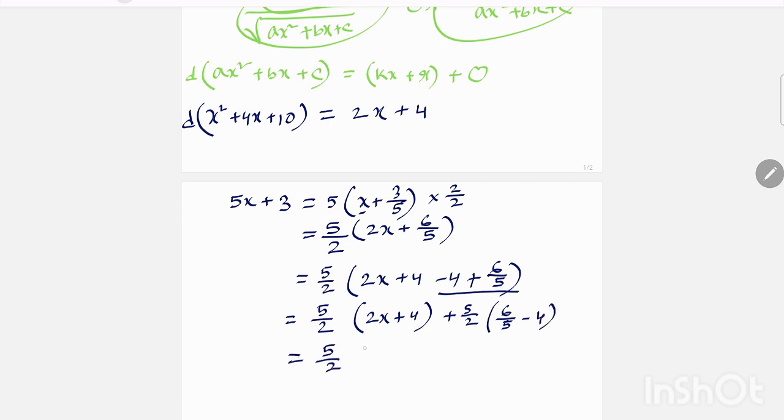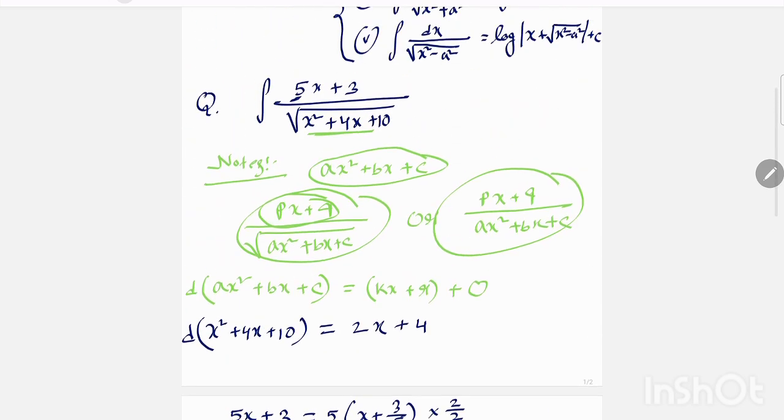So 5 by 2 into 2x plus 4 plus, simplify it. In the denominator it is 5, so it will be 5 4s are 20. So 6 minus 20 means minus 14, right? 5 cancels out, it will be 7. So that means 5x plus 3 transforms into 5 by 2 into 2x plus 4 minus 7.